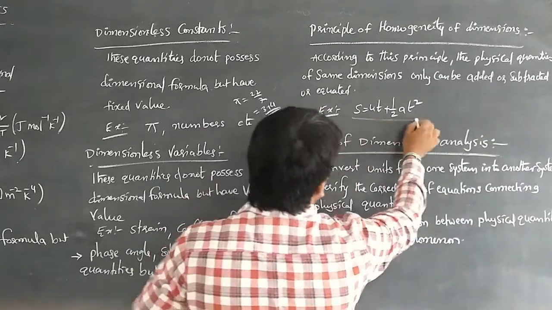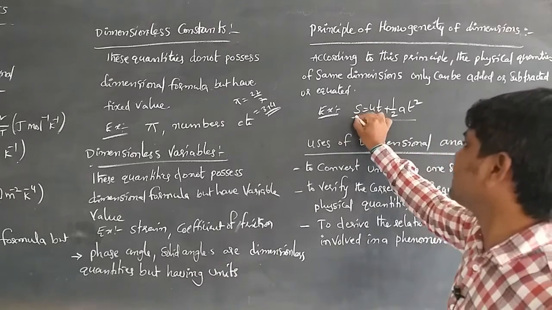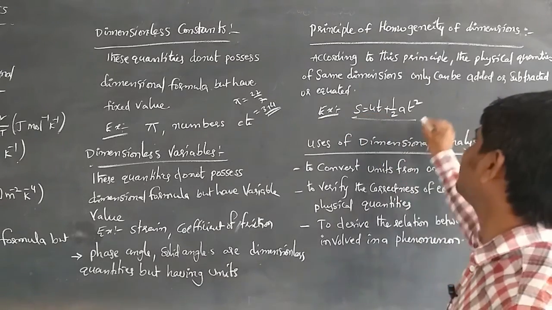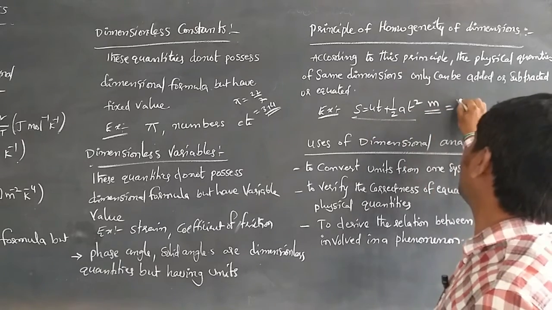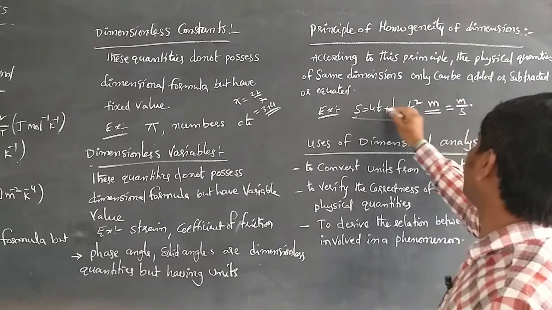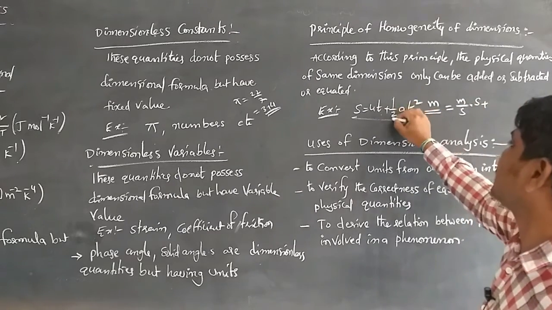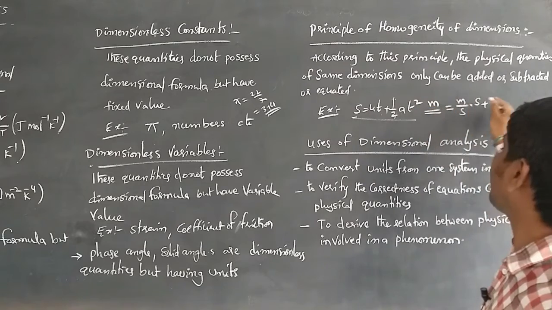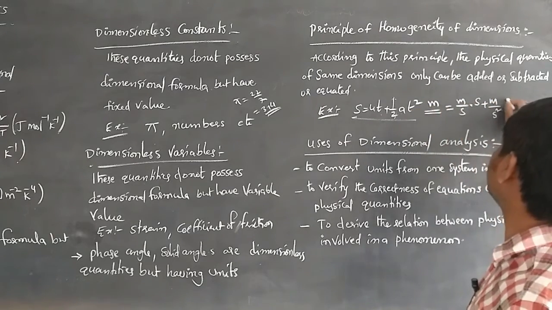For example, S is equal to ut plus half at square. Let's see how it works. S is the displacement, which we measure in meters. That is equal to velocity, meter per second, times time, second, plus half, which is a constant that we don't consider, times a, meter per second square, and t, second square.